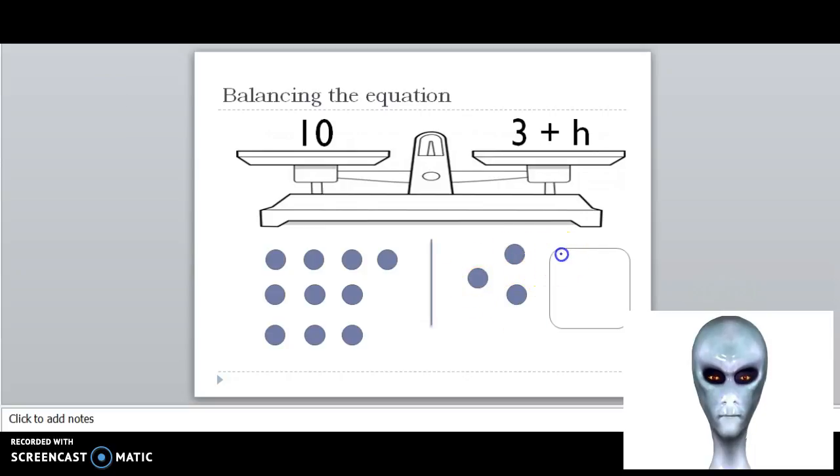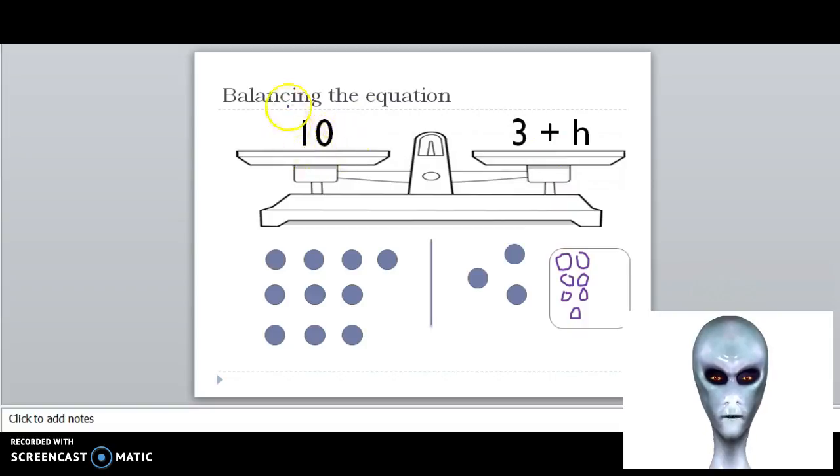I'm going to add another 7 circles to balance out to 10. 1, 2, 3, 4, 5, 6, 7, 8, 9, 10. So in this case, h is equal to 7. Because if I plug in 7 for h, 3 plus 7 is 10, which would balance out with 10.